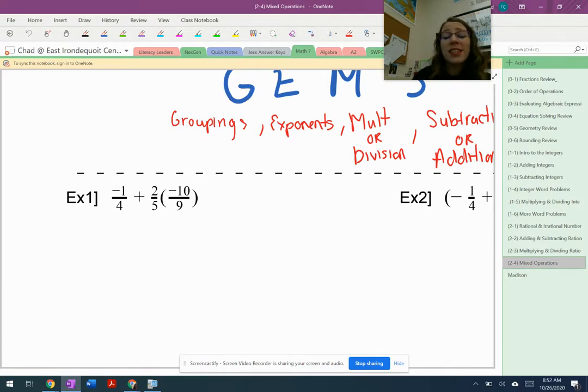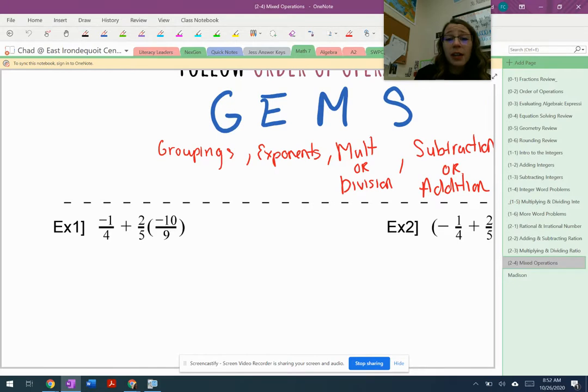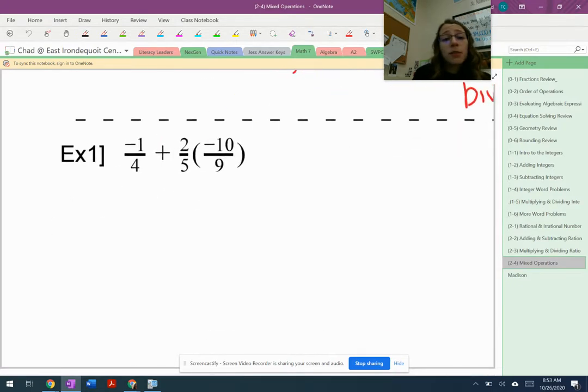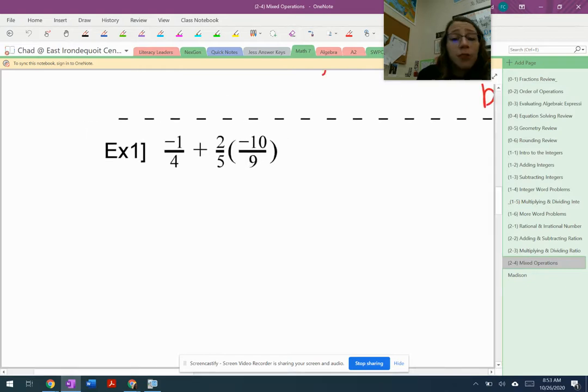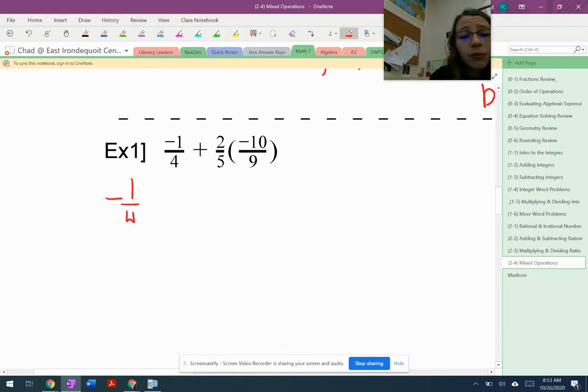Those parentheses in this case are just representing the operation of multiplication, which is actually where I'm going to start because there are no exponents also. So I'm going to start with the multiplication between the 2/5 and the negative 10/9. I'm not doing anything with that negative 1/4, so I'm just going to carry that down.